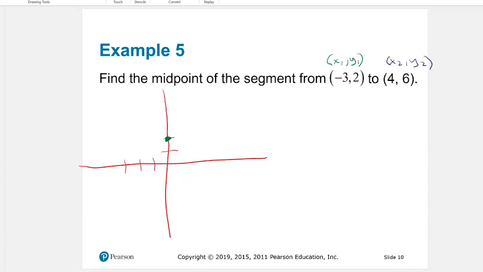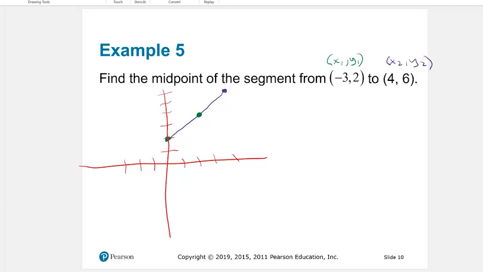So now I'm going to graph that point, which is 4 comma 6. So 1, 2, 3, 4 in the x direction, and 1, 2, 3, 4, 5, 6 in the y direction. So that point here, I'll just make it in purple, is right here. And basically, here's the line that connects them. Okay? But what I really want to do is find the middle.